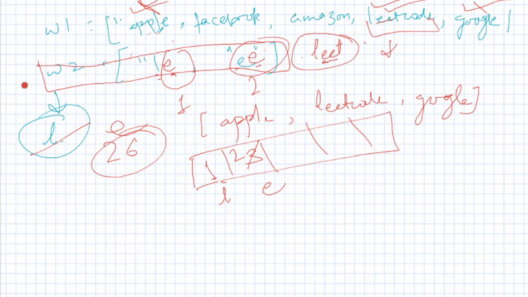So what you have to do is take an array with 26 for every word in word 2.